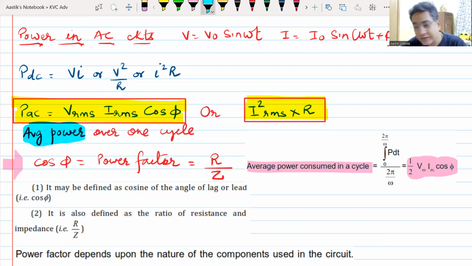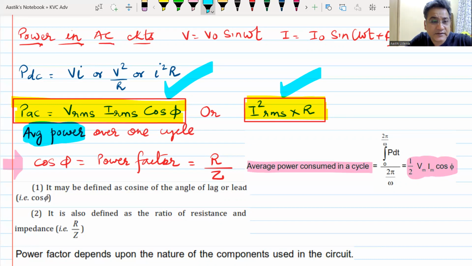The formula for average power is VRMS times IRMS times cos phi, or we can use I squared RMS multiplied by R.